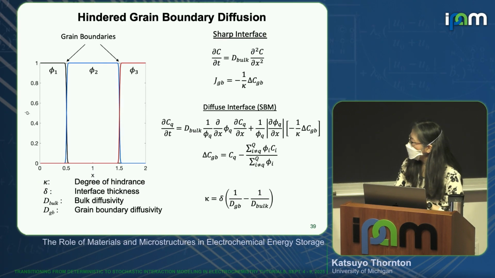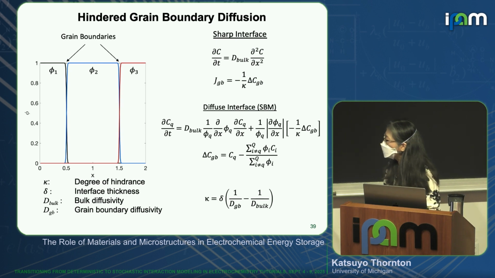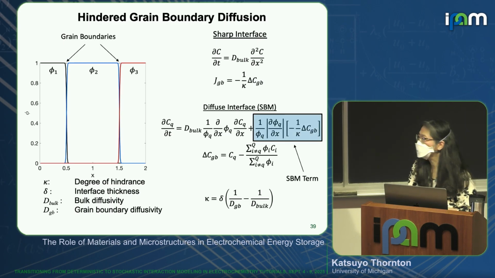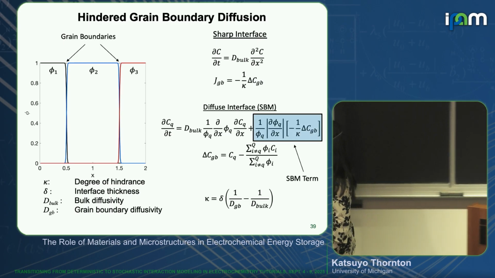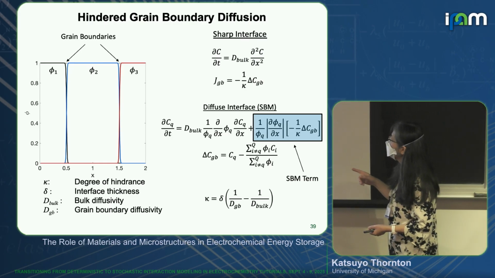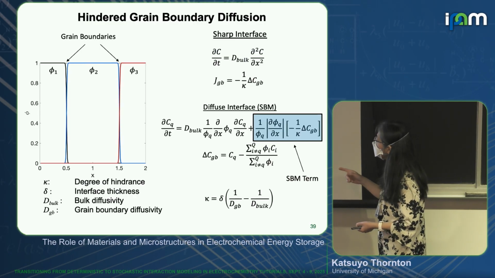I'm not going to go over the derivation, but you can show that this SBM term is what we need in order to account for the hindered grain boundary diffusion.